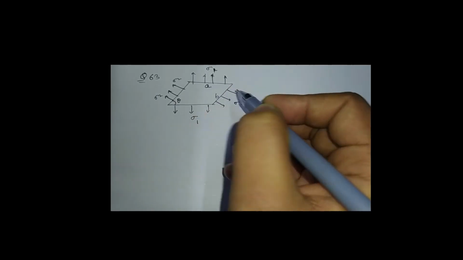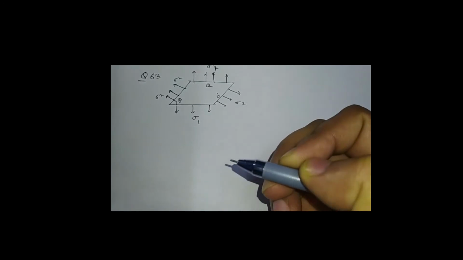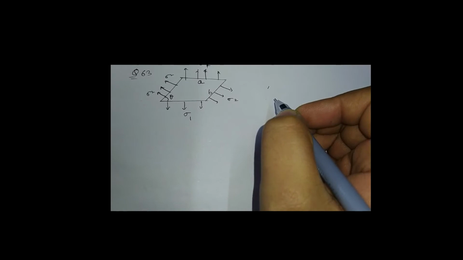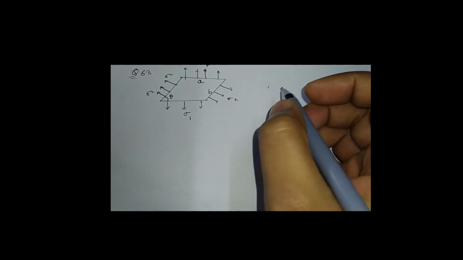The lengths of these edges are A and B. We have to find in which state of stress the plate is in equilibrium.